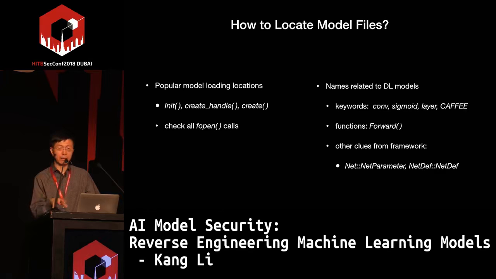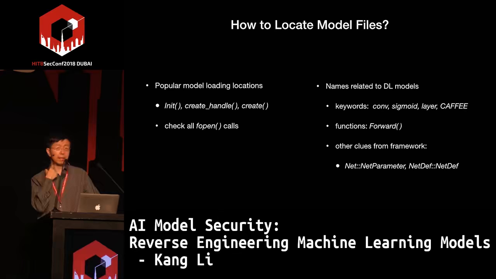Usually these are locally stored files, at least for the applications we looked at. They usually load the file at either the init stage or in their Java code and call the create handler part, and then you can usually find the model there. If you don't find anything there, you can try to follow all the fopen calls and see whether they are doing anything.